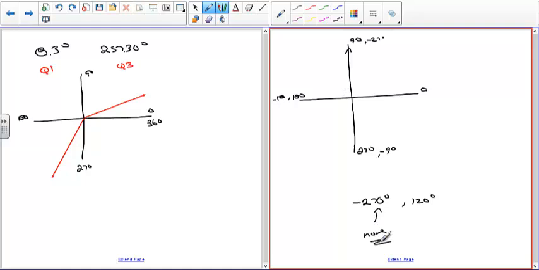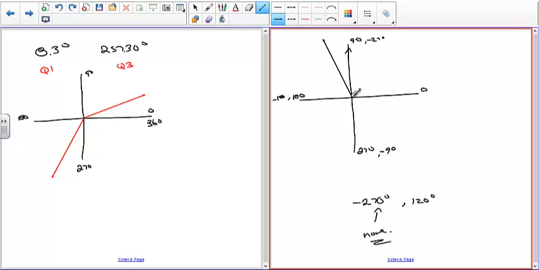What quadrant is it in? We could say none, or it's between. We could say between quadrant 1 and quadrant 2. Here's 120, so here's 90, 180. Halfway between 90 and 180 would be 135. So it's got to be on this side.